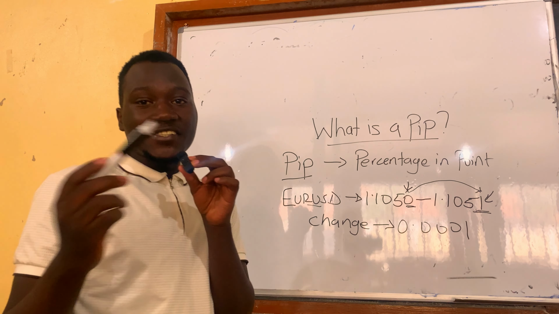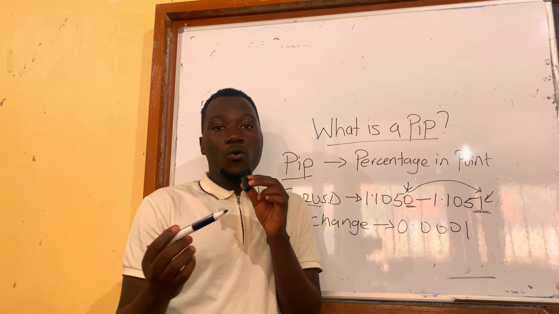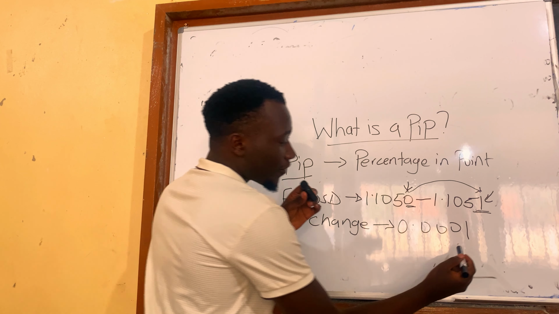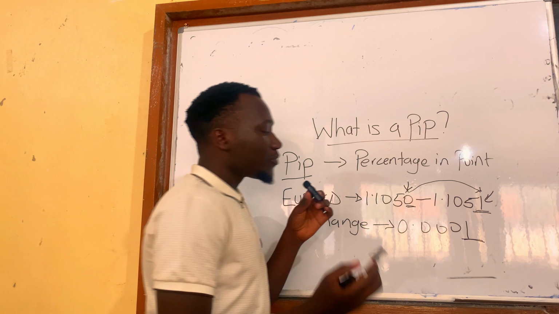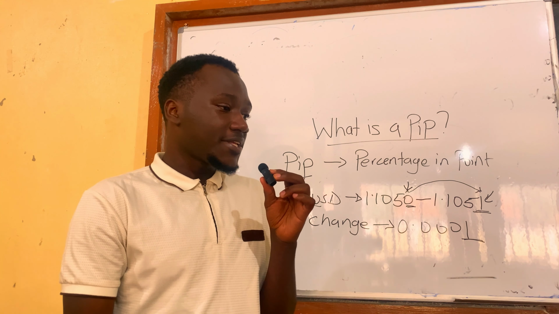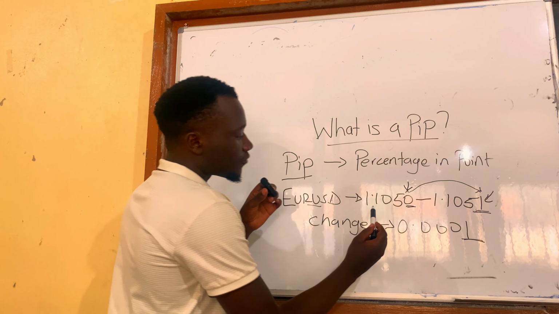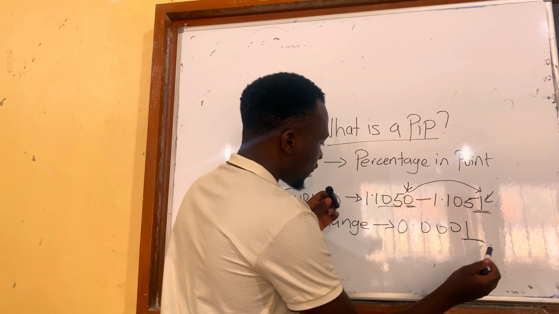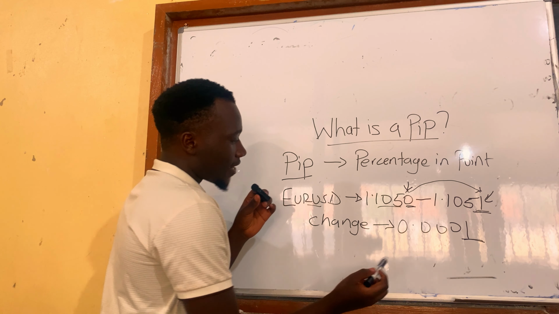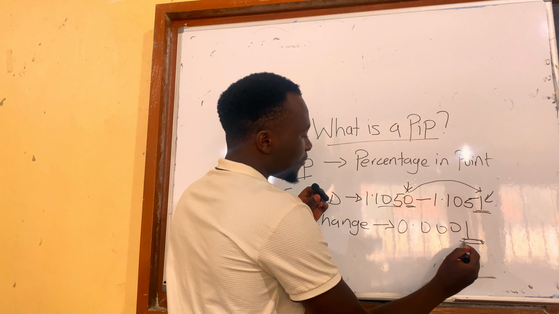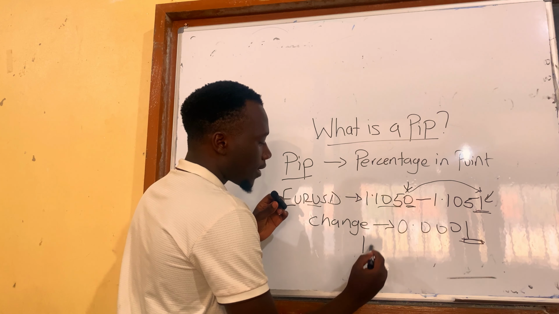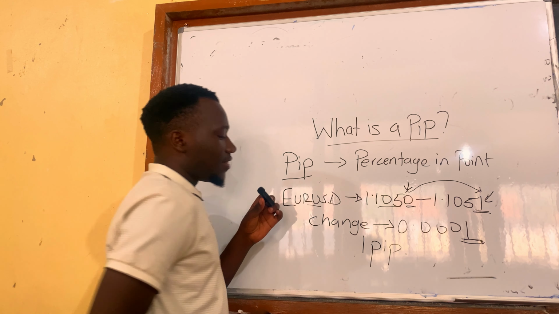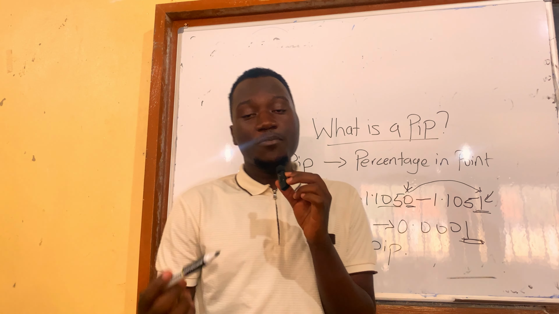We said we are going to consider the fourth decimal point, and that is what we call a pip, because now we are going to say that Euro USD has moved from 1.1050 to 1.1051. Euro USD has moved a span of just 1 pip. So that is what we call 1 pip. That is how you count a pip in simple terms.